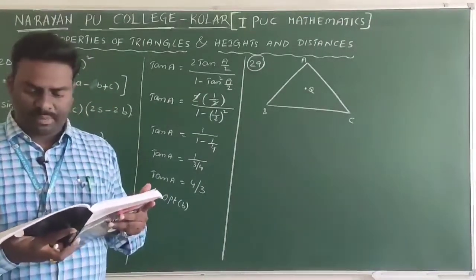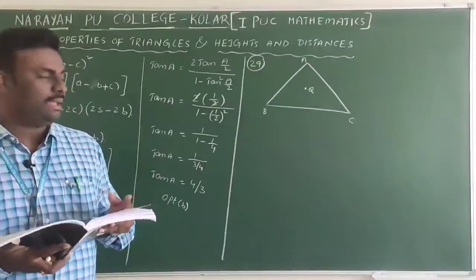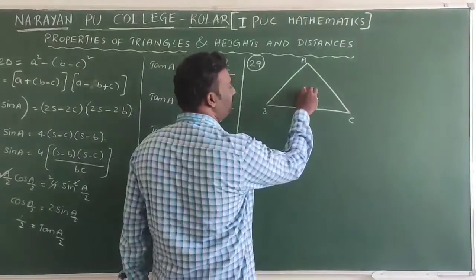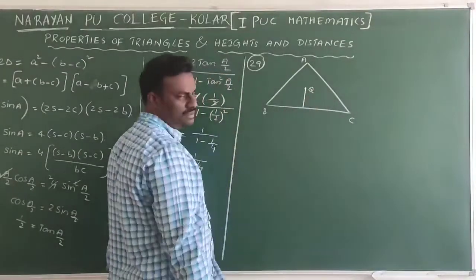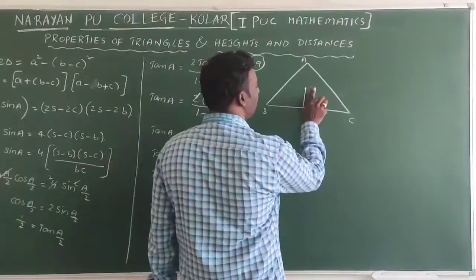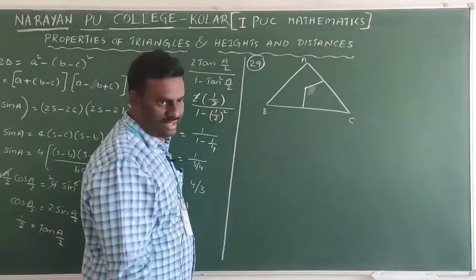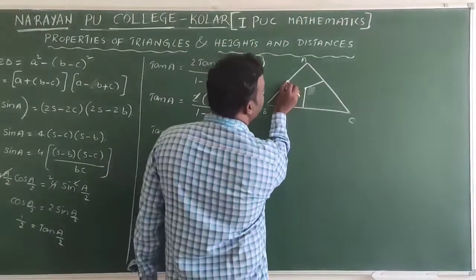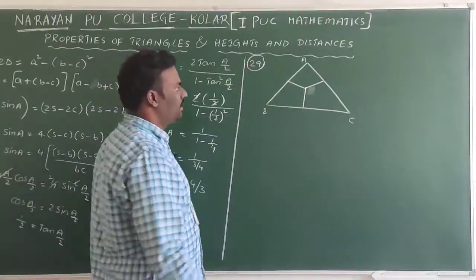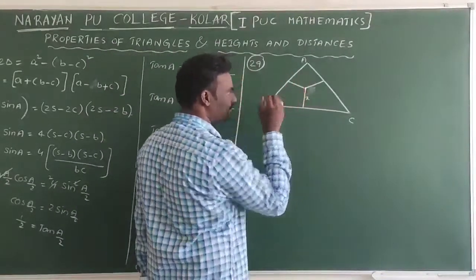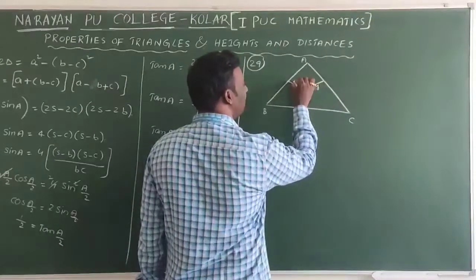The sum of perpendiculars dropped on the sides from Q is P. From Q you draw a perpendicular on BC. Similarly, you draw a perpendicular on AC, and you draw a perpendicular on AB. This perpendicular is x, this perpendicular is y, and I am taking this perpendicular as z.